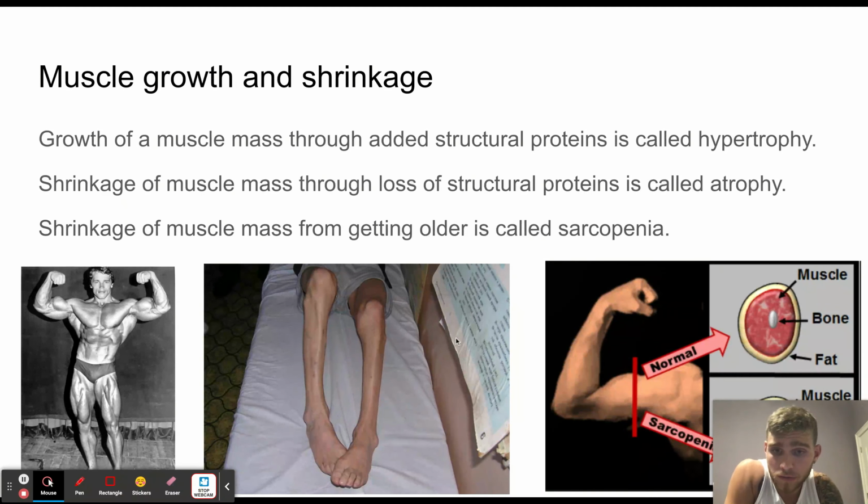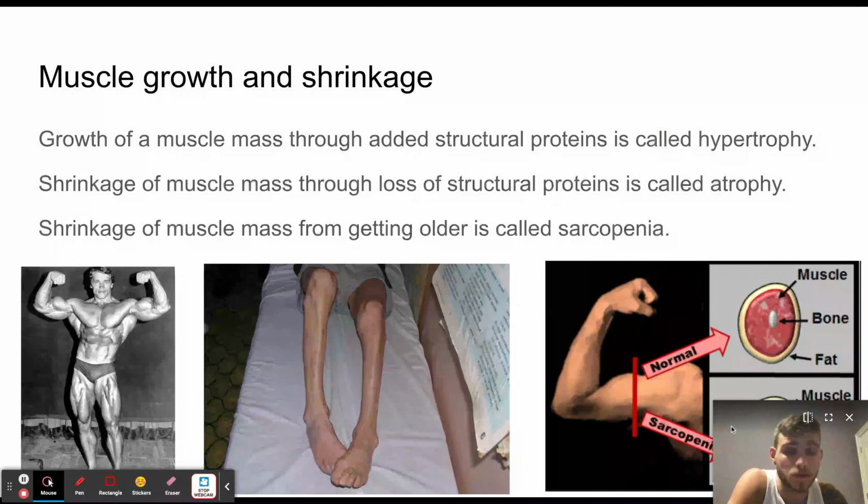Atrophy is the exact opposite of hypertrophy. It's the shrinkage or loss of muscle mass, or loss of those structural proteins, through not using the muscles. You'll typically see this in people who are in wheelchairs. Their legs will look a lot smaller than those of the average person who's walking around using these muscles day to day.